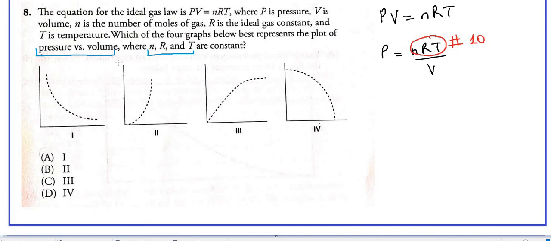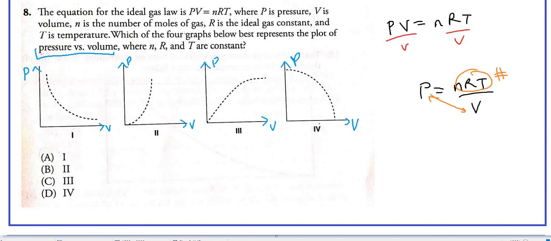So graph A is showing the inverse proportion here because as V is getting bigger on the x-axis going to the right, the value of P is getting smaller. As volume is getting bigger, pressure is getting smaller. So that's the graph of A, because as V is getting bigger going right on the x-axis, P, the y value, is getting smaller.